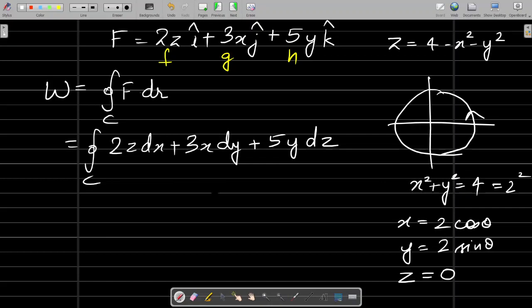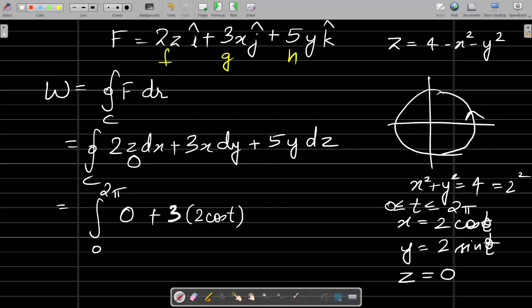So the limits of t are between 0 and 2 pi. I can write it as 0 to 2 pi. Here you have z equal to 0, so this first component will be 0. Plus, now you have 3 into x, so 3 into x is 2 cos t. So 3 into 2 cos t. Now y is equal to 2 sin t, so dy I can write as 2 cos t dt, and here z equal to 0, so dz is also 0.